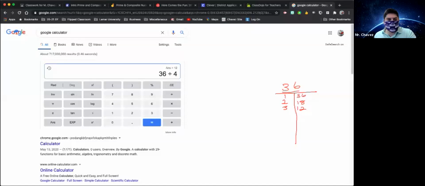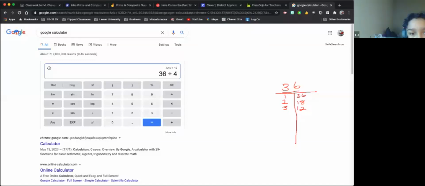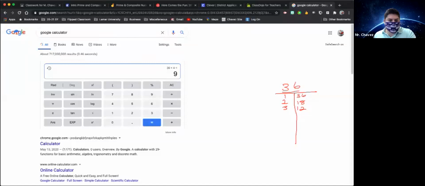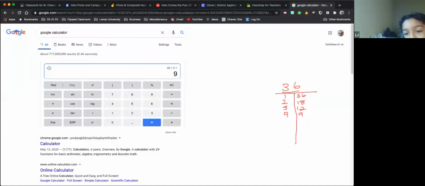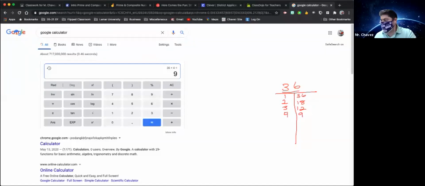Is 36 divided into 4? Yes or no? That's 9. Yes. So 4 is a factor, right? So we can do 4 times 9. If I count by 5s, I'll never get to 36.